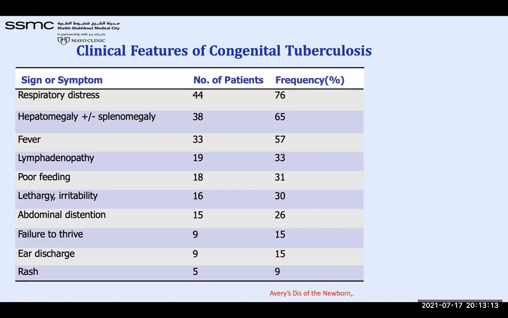So if you have a triad of respiratory distress, hepatosplenomegaly, and fever in a baby, please think about tuberculosis. This is from the latest edition of Avery's Diseases of the Newborn.